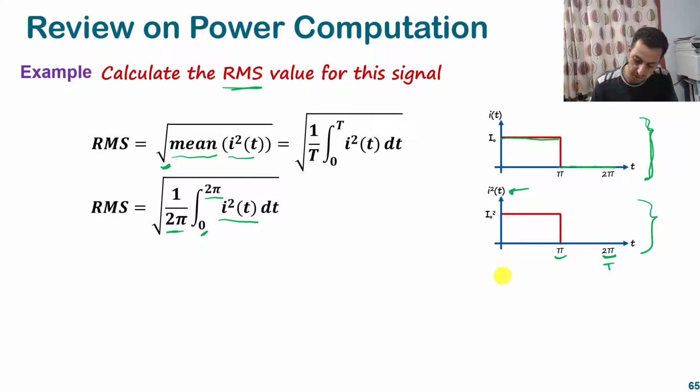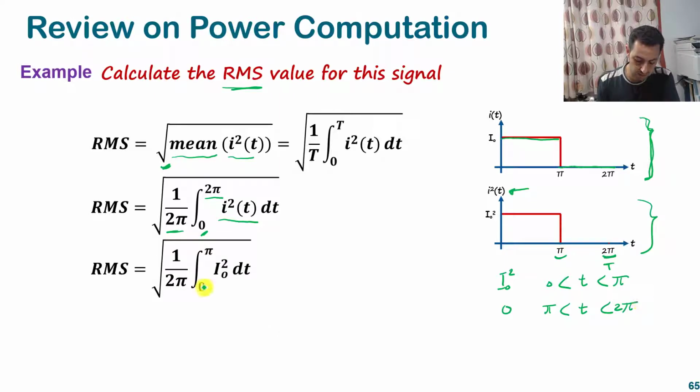The first value is I naught squared from t equals 0 to pi, and it has 0 value from t equals pi to 2 pi. So the integration will be from 0 to pi because this is where it has a value.